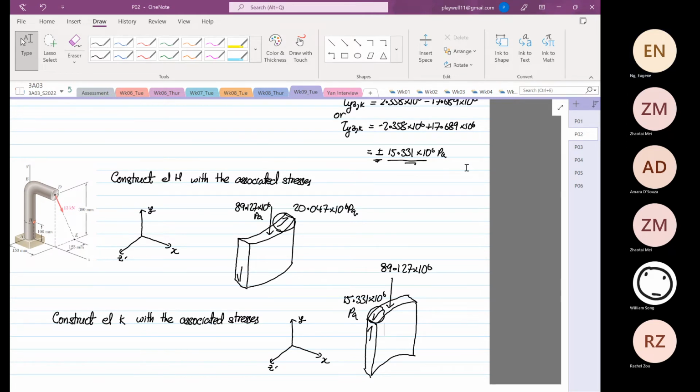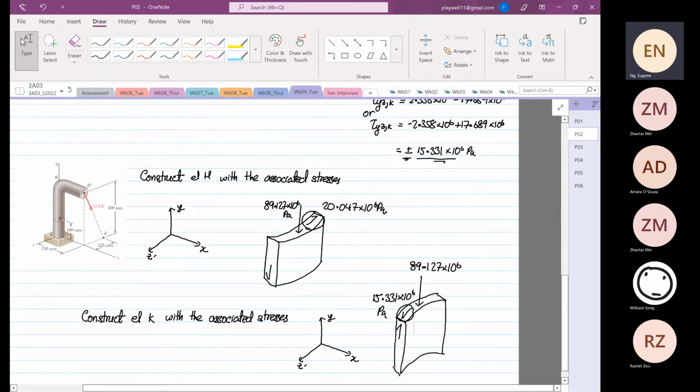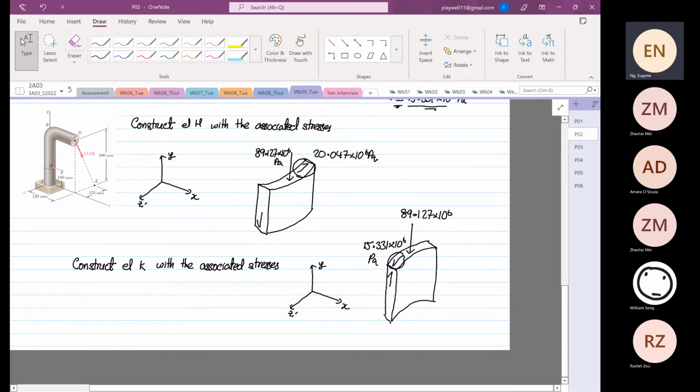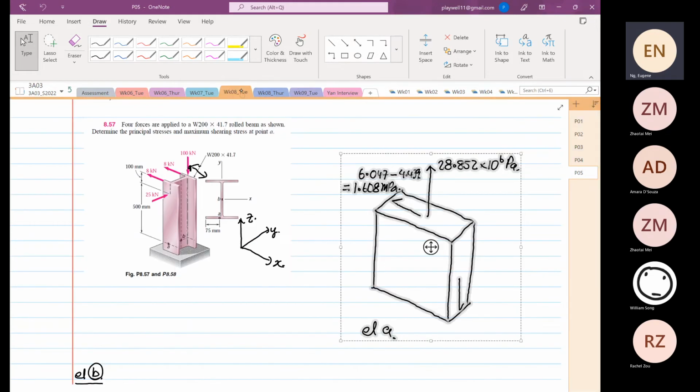So what I'm going to do next is start the lecture on 2D and 3D Mohr Circle. Then you will appreciate from this element how to construct principal stresses, how to draw the Mohr Circle, things like that, which I did show you briefly in week 8 Tuesday, in this long example.